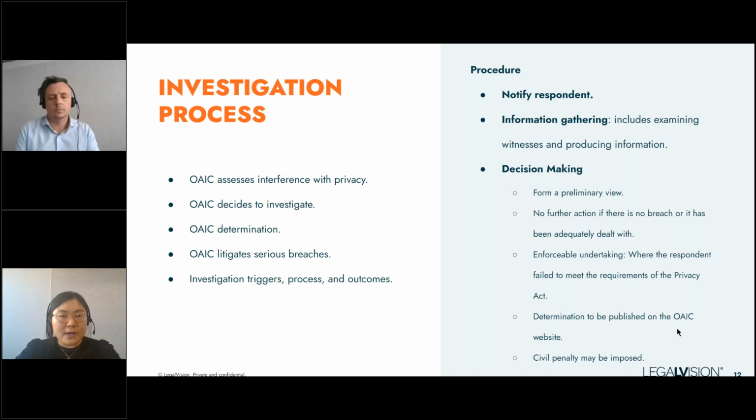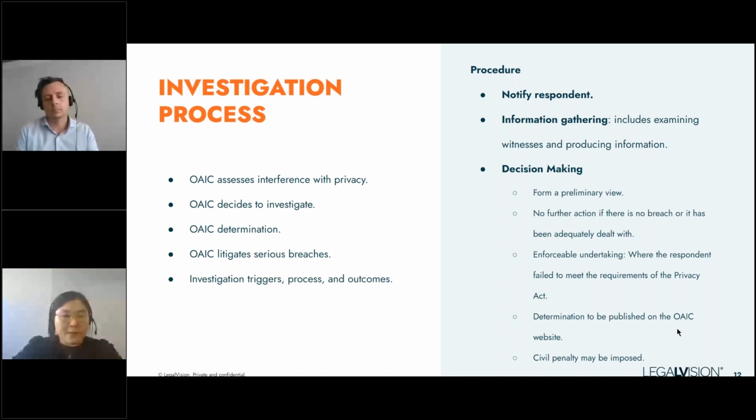It will gather information, and as part of the information gathering process, it could issue notices to produce relevant information and documents and examine witnesses. If you don't comply with those notices or examination notices, you could be penalised for not complying with the orders.